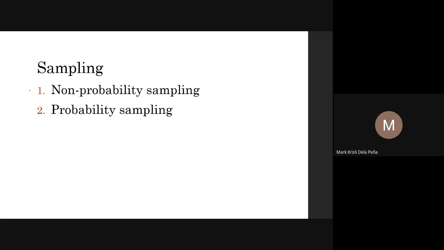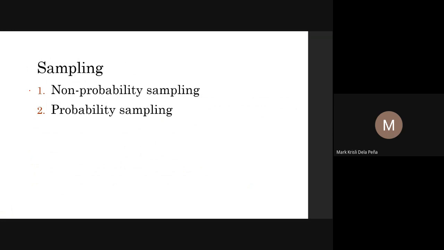You might now have an idea of the difference between the two from the word probability. Commonly, the use of non-probability sampling is for qualitative research, wherein you have a specific type of participants.